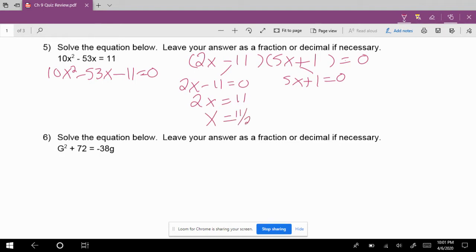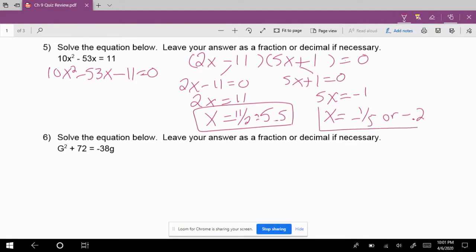And again, the direction said you can do fraction or decimal. So as a decimal, this would be 5.5. Either one of those is totally fine. And then on this side here, subtract the 1, divide by 5, you get negative 1/5, or that's negative 0.2. So those would be your correct answers for that.